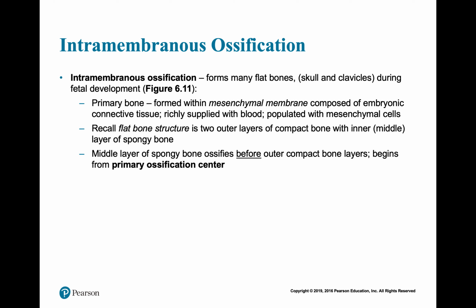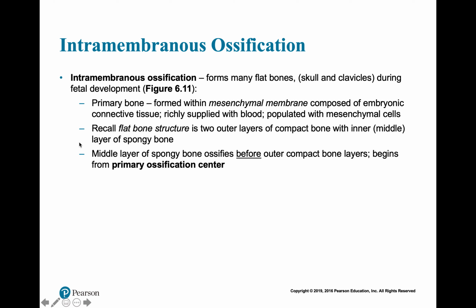The big difference is that secondary bone will be a lot more calcified, therefore much harder. It makes sense that the first type of bone that we want to lay down, especially in a fetal skeleton, would be a softer, more pliable bone, which once the bone gets the appropriate shape and is formed correctly, a secondary, more calcified hard bone will replace that. Okay, it kind of makes sense.